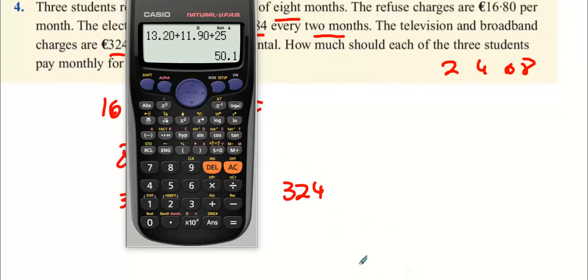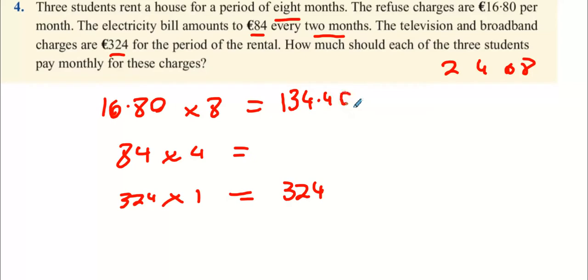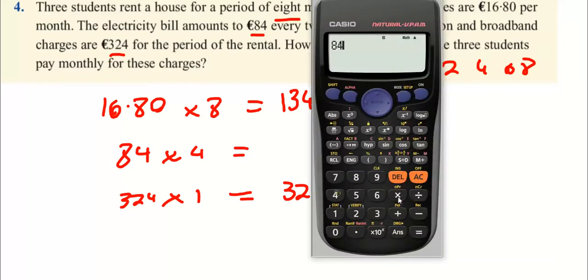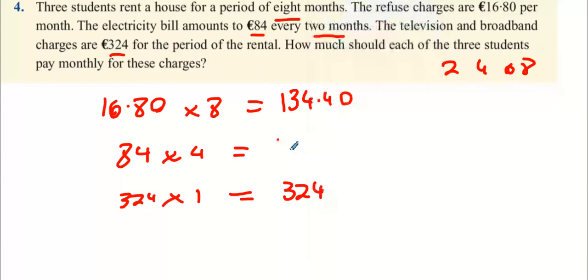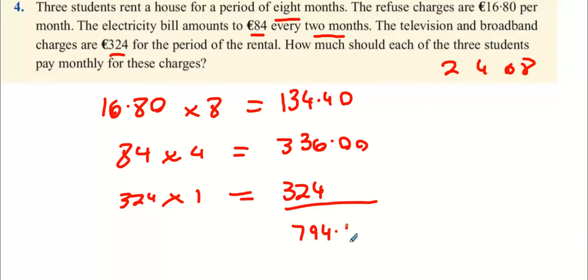So put this into the calculator, €16.80 multiplied by 8 is €134.40. 84 multiplied by 4, €336. Add them all together. €794.40.